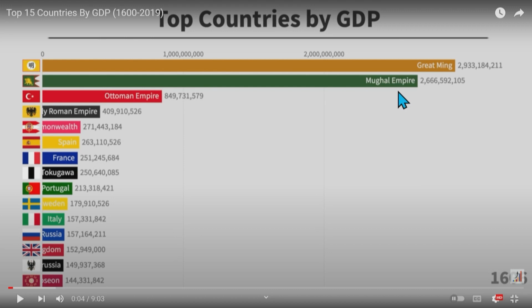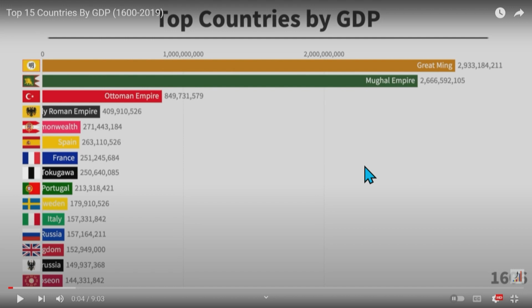So the two richest countries in the world 400 years ago were China and India, and then the Ottoman Empire, this is Eastern Europe, and then the Roman Empire. These are not countries yet. But again, China was number 1 and India was number 2. Very rich, very big.